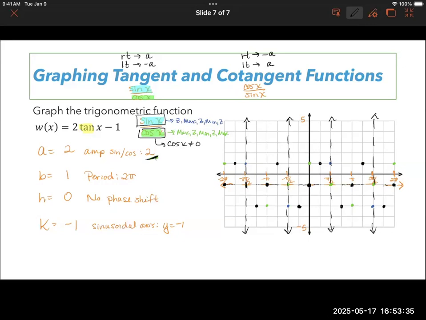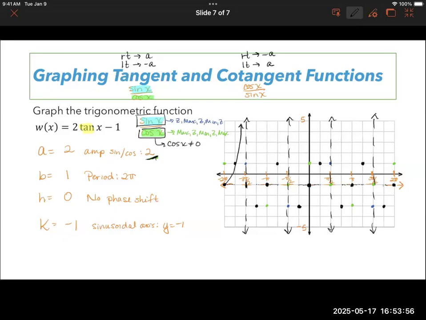With secant and cosecant, we drew in curves that looked a little bit like parabolas. With tangent and cotangent, we're going to draw in curves that look a little bit like the cubic function. So this will just curve up like this, getting closer to the asymptote.